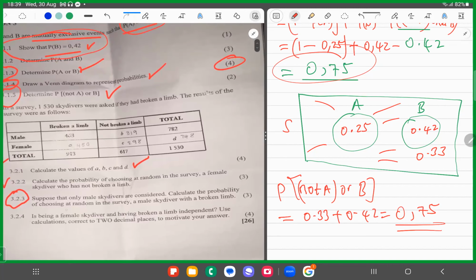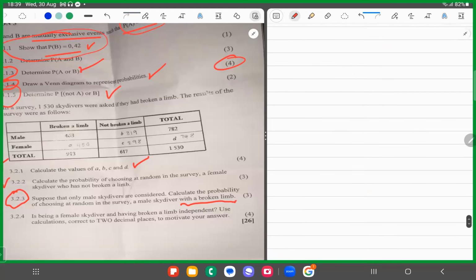You suppose that only male skydivers are considered, calculate the probability of choosing at random in the survey a male skydiver with a broken limb. Good. Let's look at 3.2.3. This one is very, very straightforward.